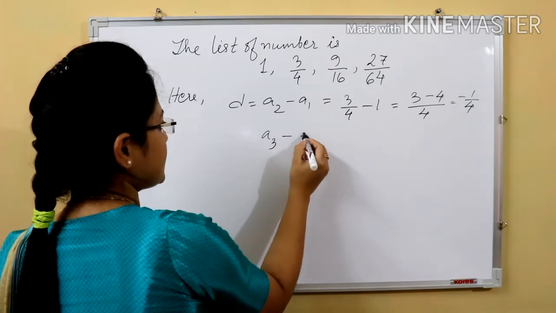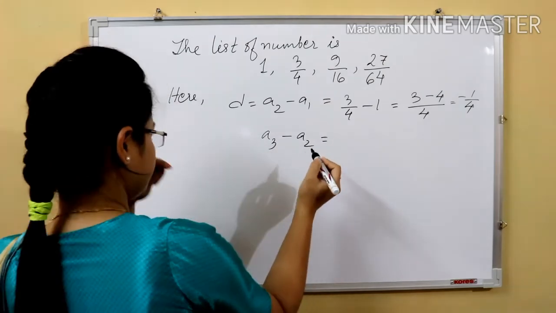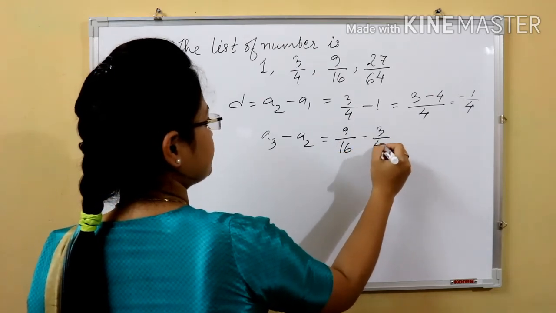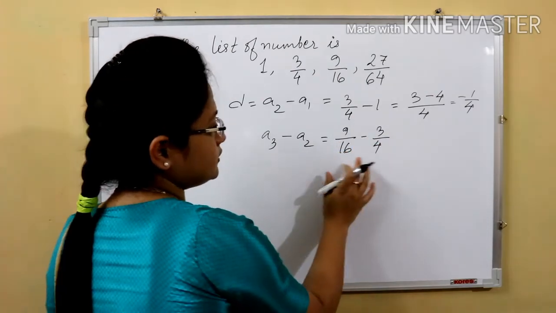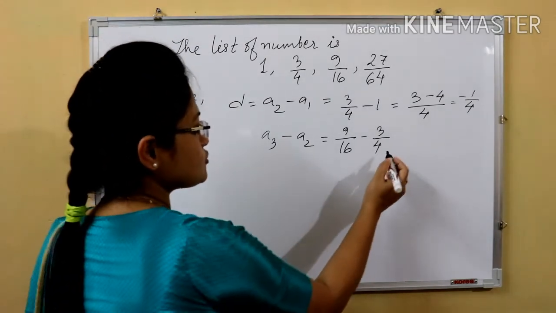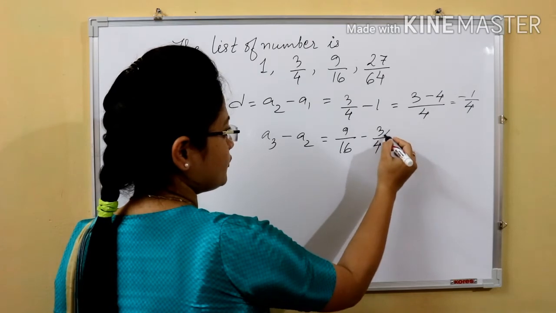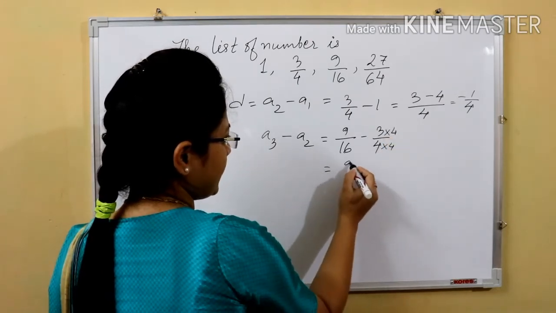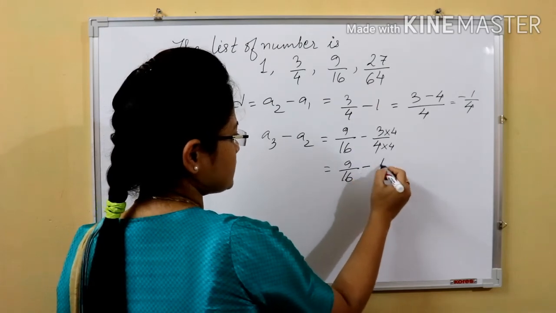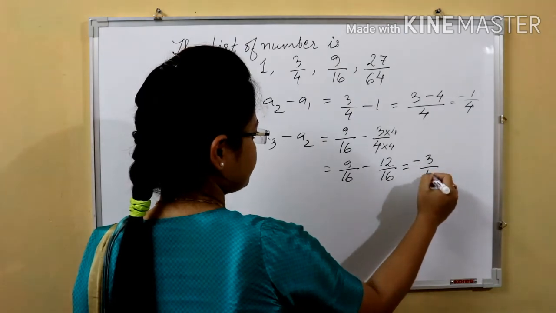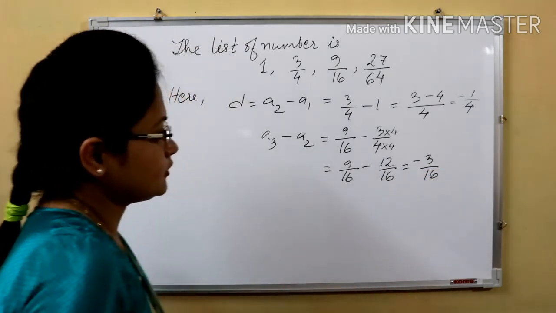Then A3 minus A2: 9 by 16 minus 3 by 4. In the multiplication table of 4 we get 16, so this 4 will be multiplied with both numerator and denominator. So it will be 9 by 16 minus 12 by 16, so we will get minus 3 by 16.